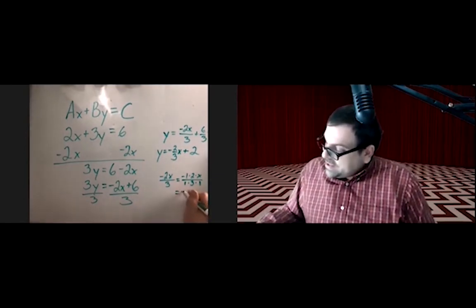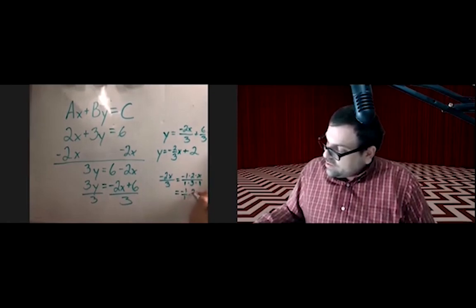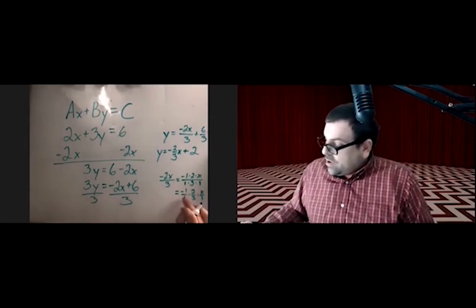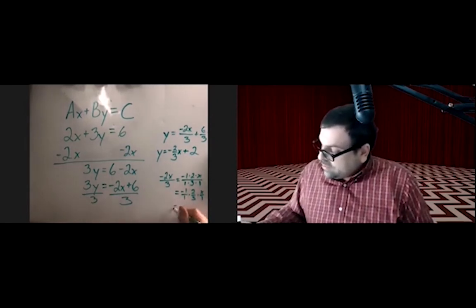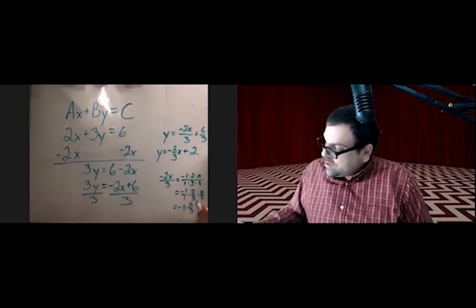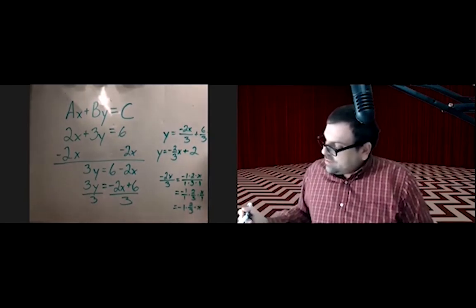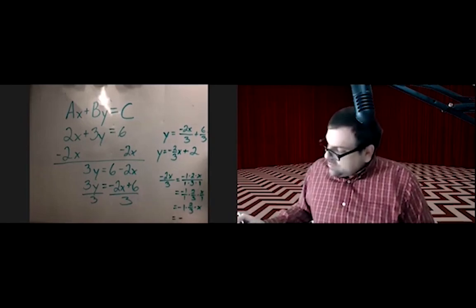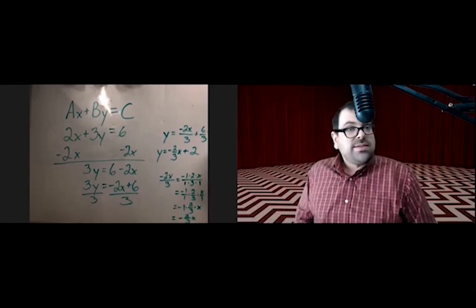That would be the same as negative 1 over 1 times 2 over 3 times x over 1. Negative 1 over 1 is negative 1 times 2/3. X over 1, that's just x. Negative 1 times something is just like making it negative. So negative 2/3 x.